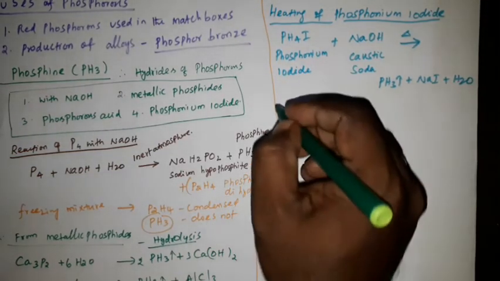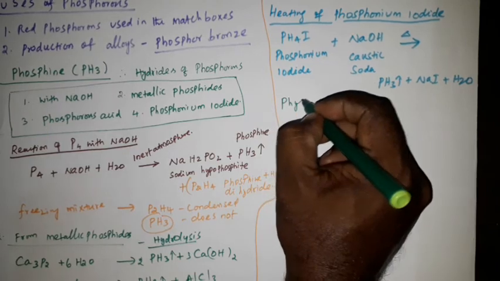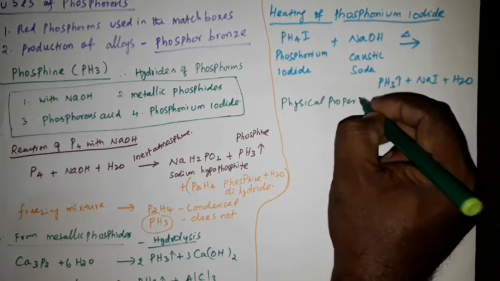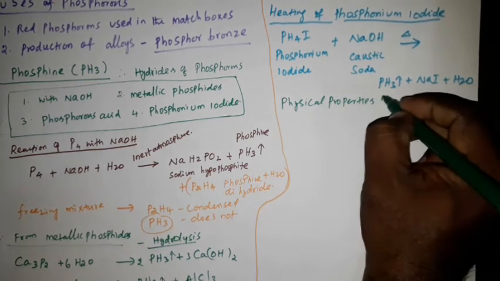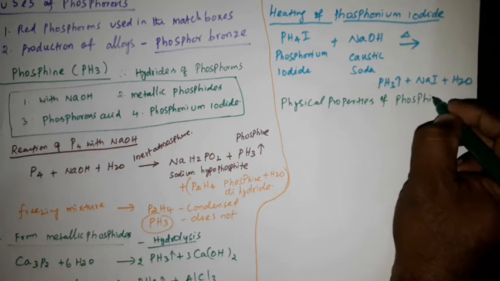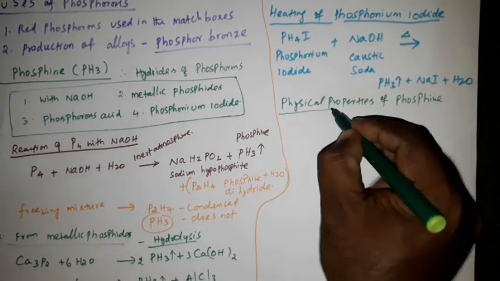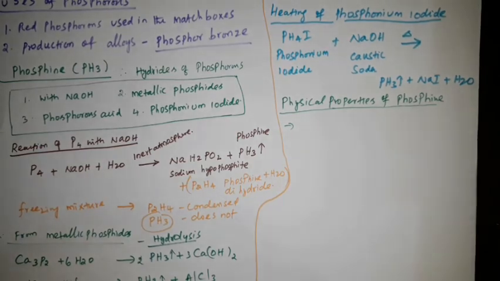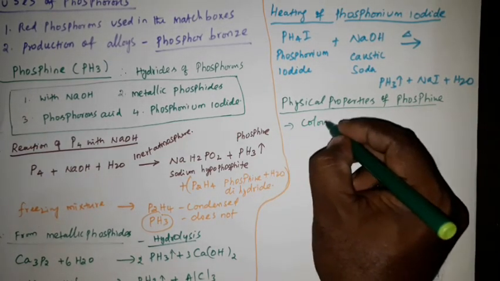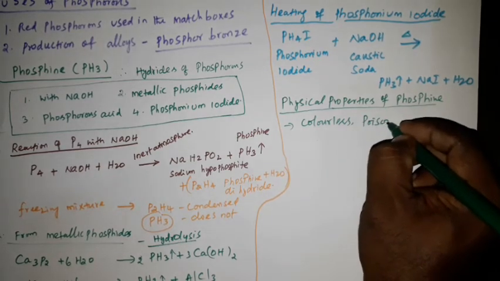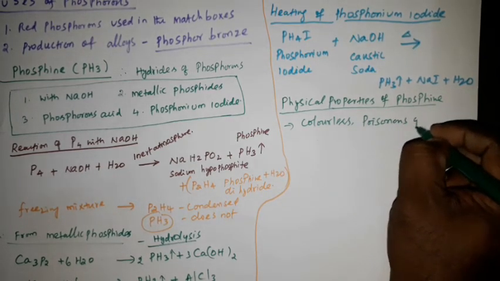So next one is physical properties of phosphine. Naturally it is a colorless, poisonous gas.